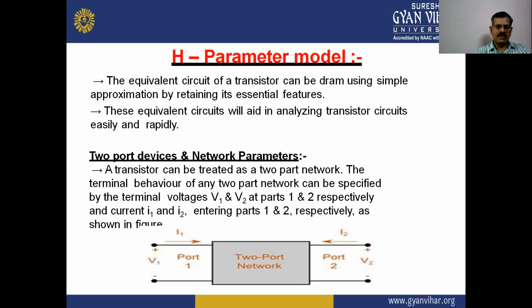The terminal behavior of any two-port network can be specified by the terminal voltages V1 and V2 at port first and second respectively, and currents I1 and I2 entering port first and second respectively, as shown in this figure. So that is the circuit diagram or block diagram of the two-port network.